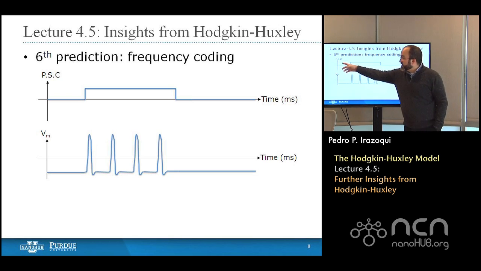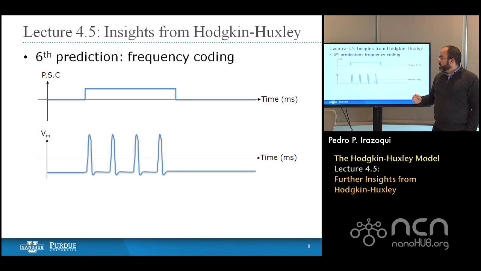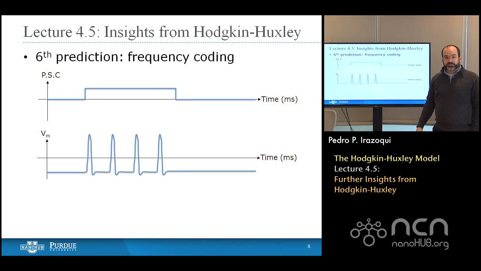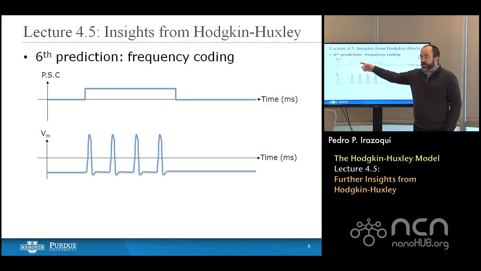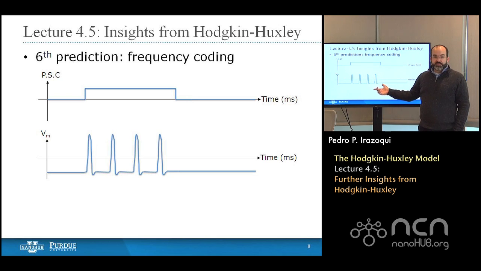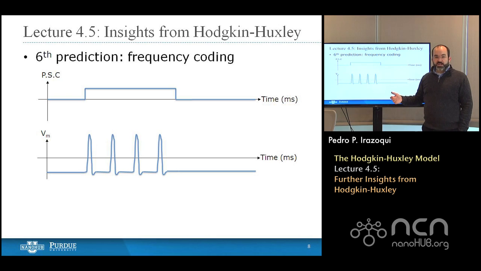So if you have a postsynaptic current, again, that we apply to the neuron, and we're depolarizing the neuron for a length of time, you're going to get a certain firing rate in that neuron. And if you wait a long period of time, because of accommodation, that firing rate is going to decrease. And if it's an inhibitory current, and you wait a long period of time and then you stop, the firing is going to spontaneously occur because of anode-break excitation.